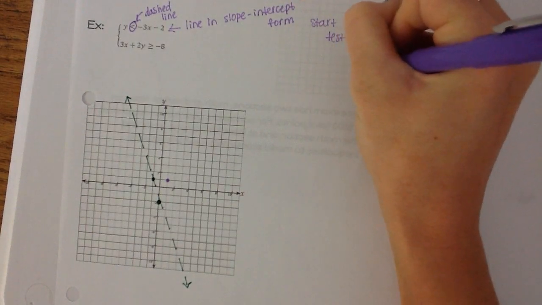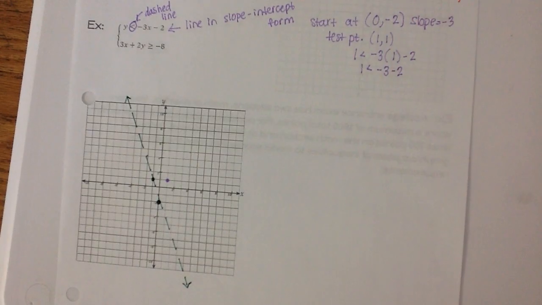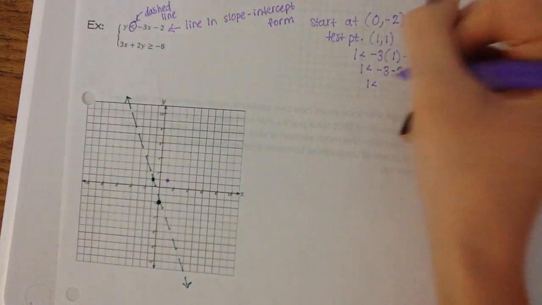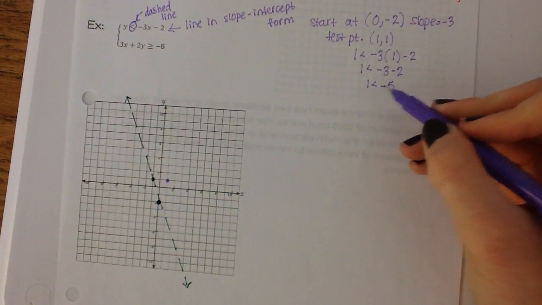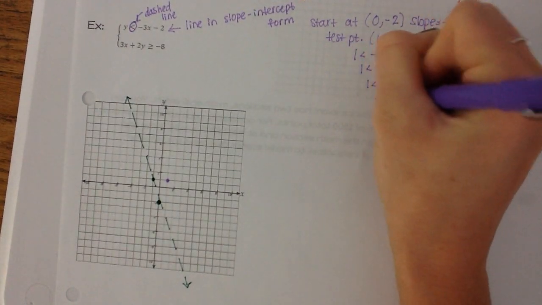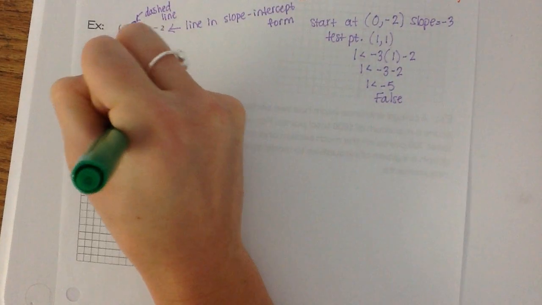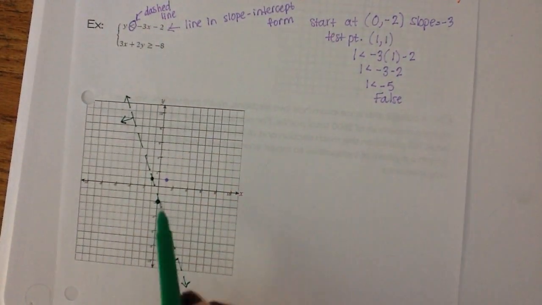So we have 1 is less than negative 3 times 1, so negative 3 minus 2. 1 is less than negative 3 minus 2, so negative 5. 1 is not less than negative 5, so this is false. So if it is false, we are going to shade on the side that the test point is not on. So we will be shading on this side of the line, away from our test point.